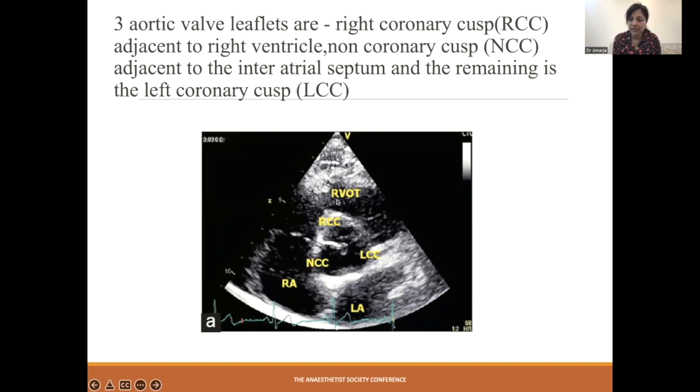If this is the RVOT, this is always the right coronary cusp. Just adjacent to the interatrial septum is always the non-coronary cusp, and here is your LA, that is the left atrium. So this is the left coronary cusp, and this is of importance in cases of aortic regurgitations or if you are repairing them.